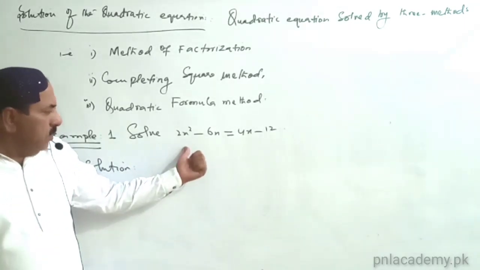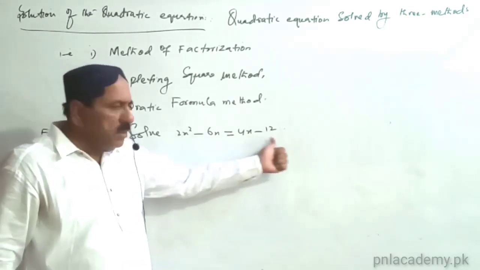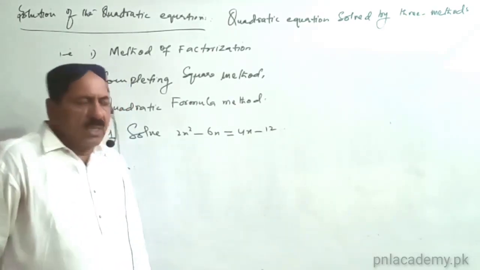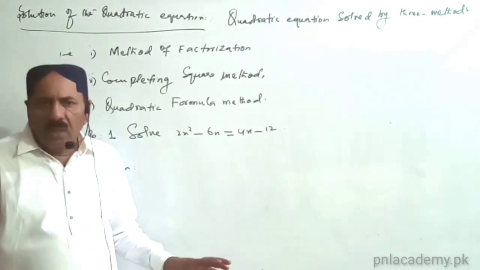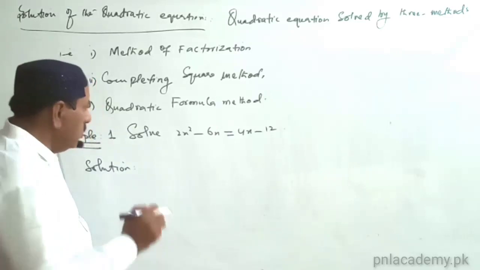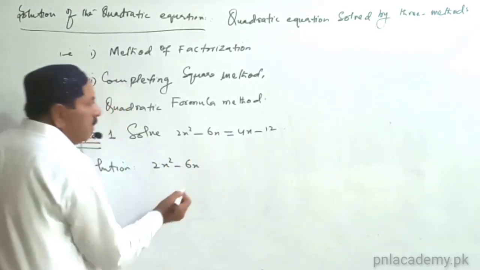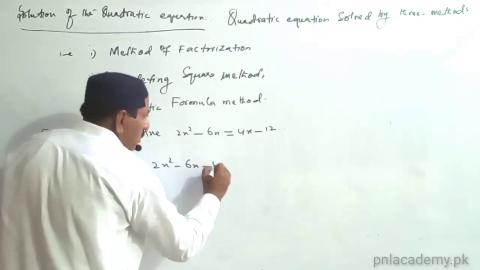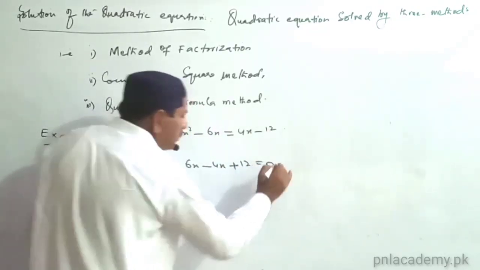We have to solve the equation 2x square minus 6x is equal to 4x minus 12. First of all, we have to write the equation according to its standard form, just like 2x square minus 6x, minus 4x plus 12 is equal to 0.